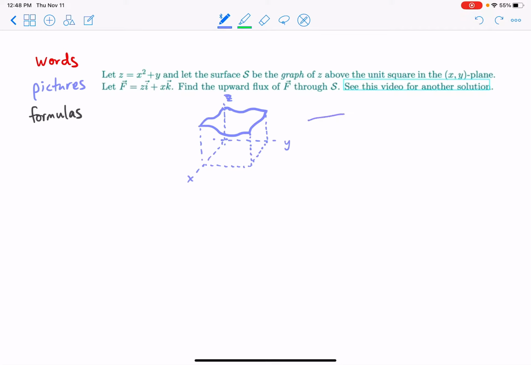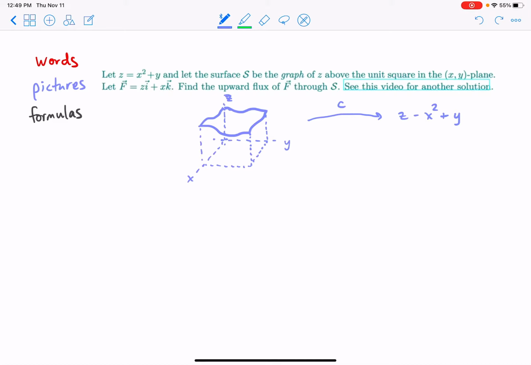So really we can think of a function C. I'm calling it C for constraint, that just sends a point to z minus x squared plus y, or also C for contour.